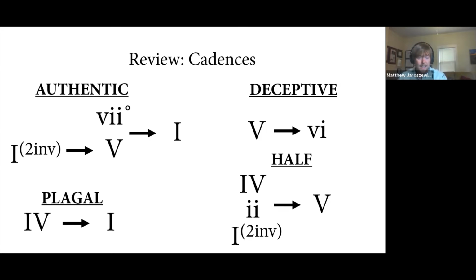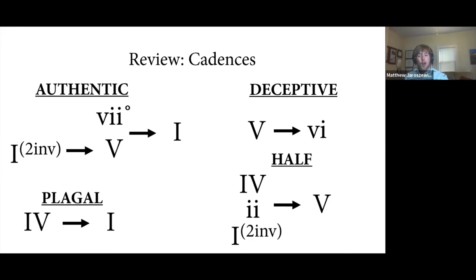The authentic cadence, the most common, which is where either 5 will go to 1. And as I mentioned, all of you at the symphony have heard a piece that ends something like that. We can also have 7 going to 1. A little crunchier.